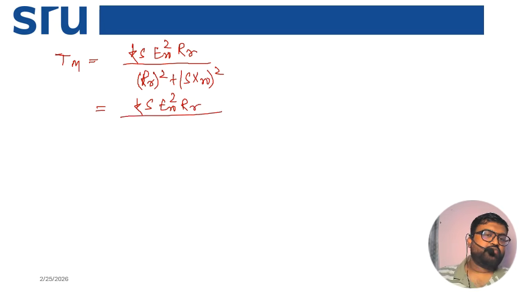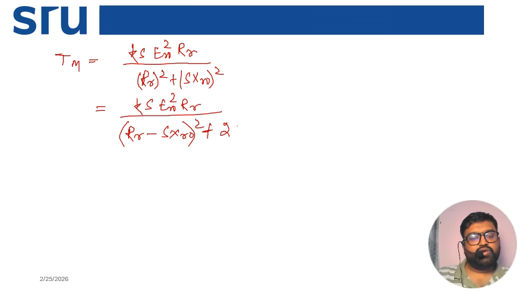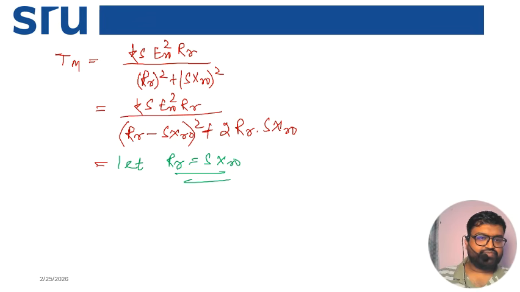Then we derive to this point: Rr minus S Xr0 whole square plus 2 into Rr into S Xr0. Now the point we just discussed is that this term is zero. Suppose now Rr equals S into Xr0, right?